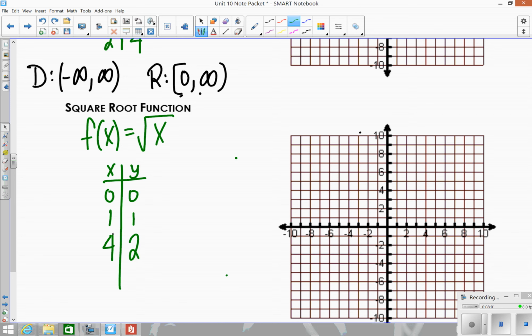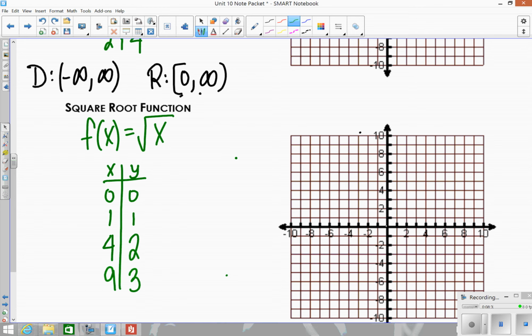Where if I did square root of 3, I would have gotten a messy decimal as well. So then the next number that would be convenient to plot would be 9. Because if I take the square root of 9, I get 3. So basically, if I take the square root of perfect squares, I'm going to get these whole numbers as outputs, which is convenient for graphing. So I purposely picked my input values to be the perfect squares.